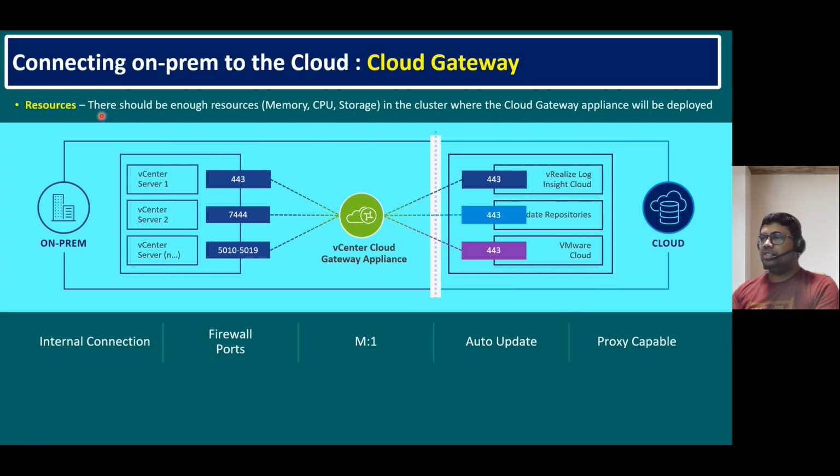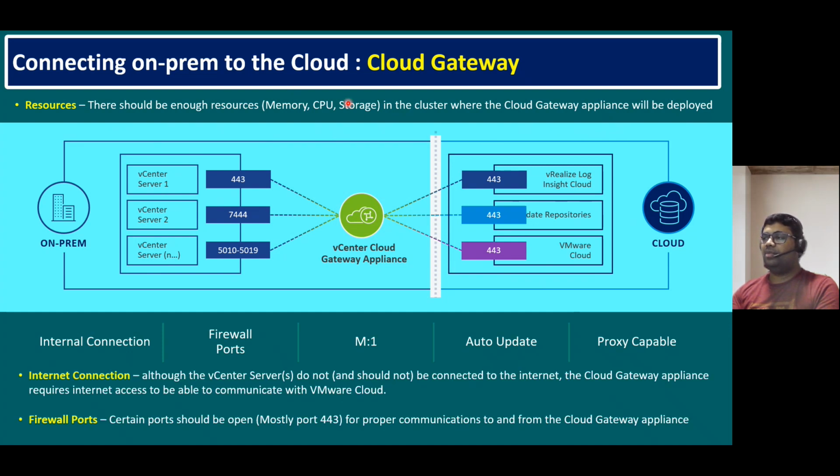Okay, so there should be enough resources, memory, CPU, and storage, in the cluster where the cloud gateway appliance will be deployed. If you want to deploy the cloud gateway appliance, we must have enough resources or else there will be performance issues. And internet connection: although the vCenter server does not need to be connected to the internet, the cloud gateway appliance requires internet access to communicate with VMware Cloud.